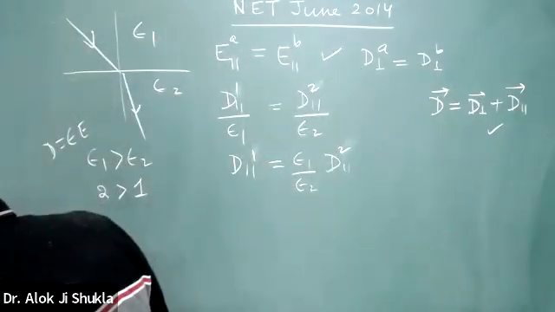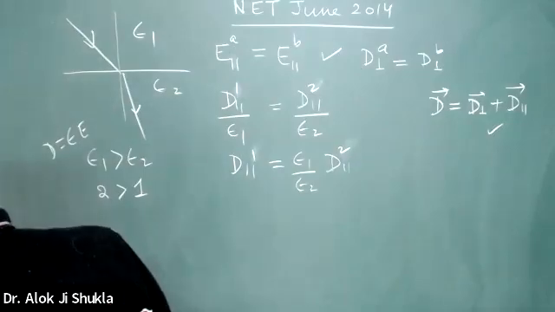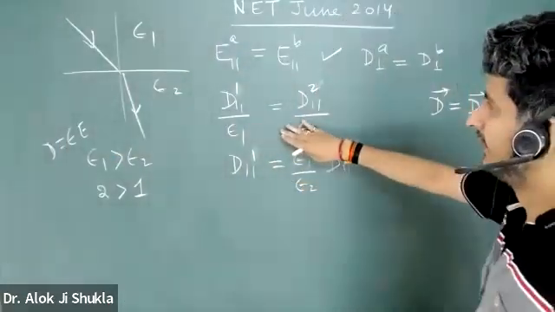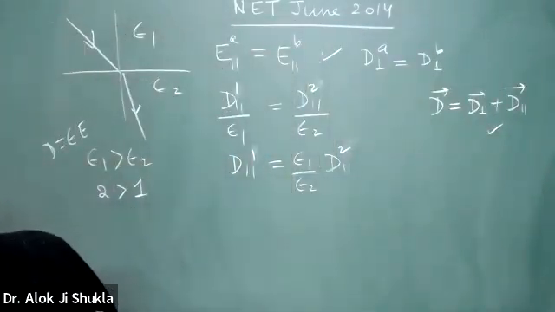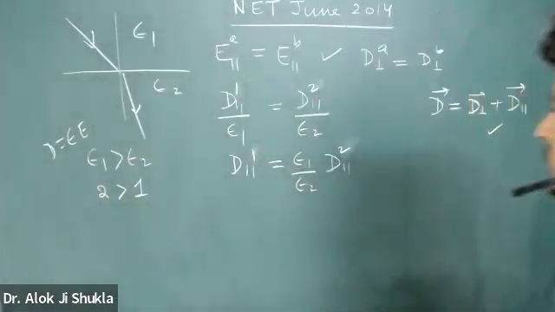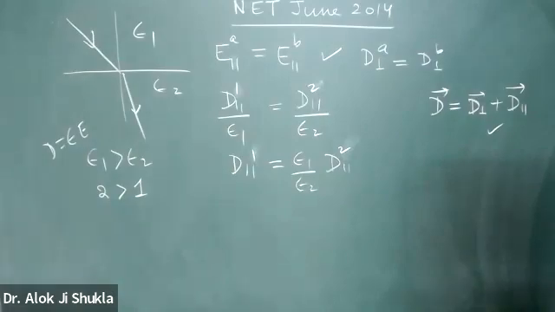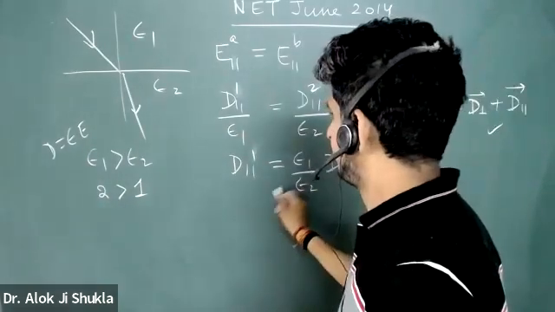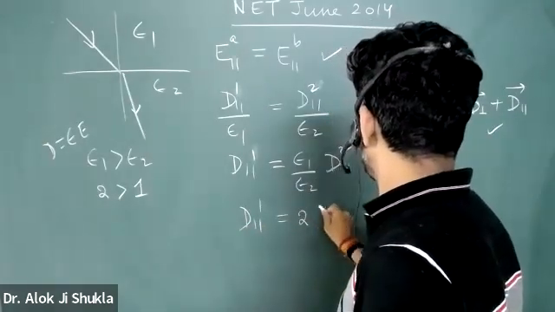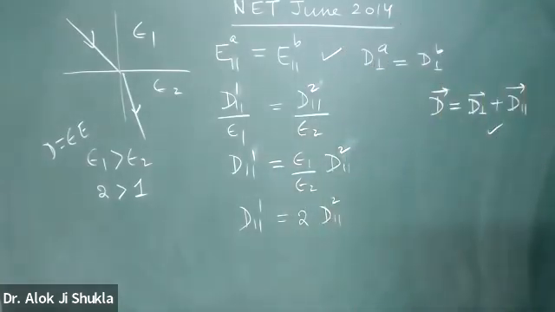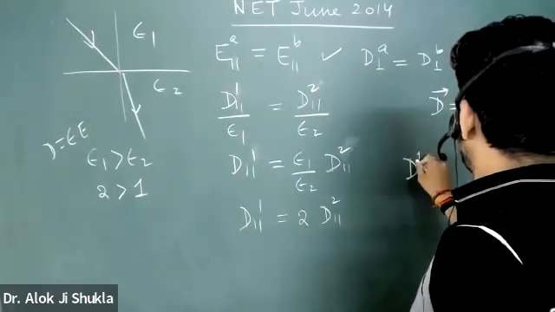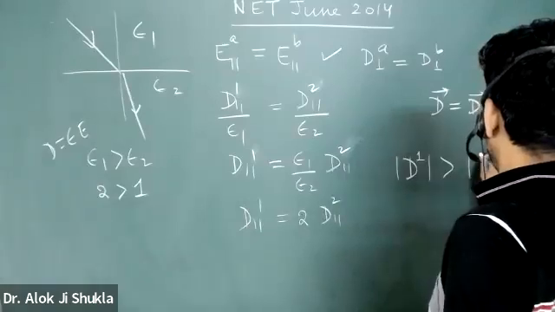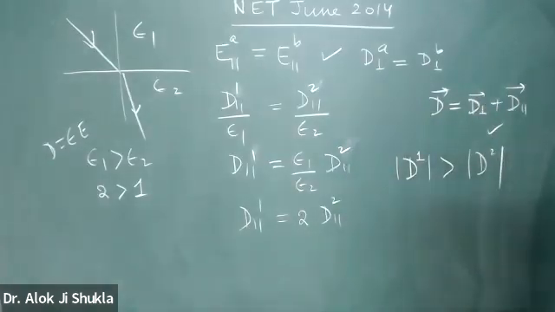Which one is greater, D2 or D1? अगर मैं यहाँ 2 रख दूं तो D parallel 1 is equal to 2 times D parallel 2. 1 is greater, na? So D1 is greater than D2. Is that okay?